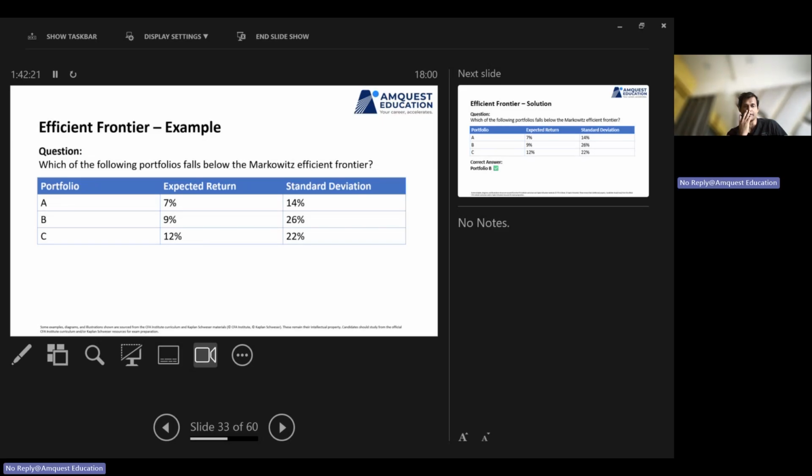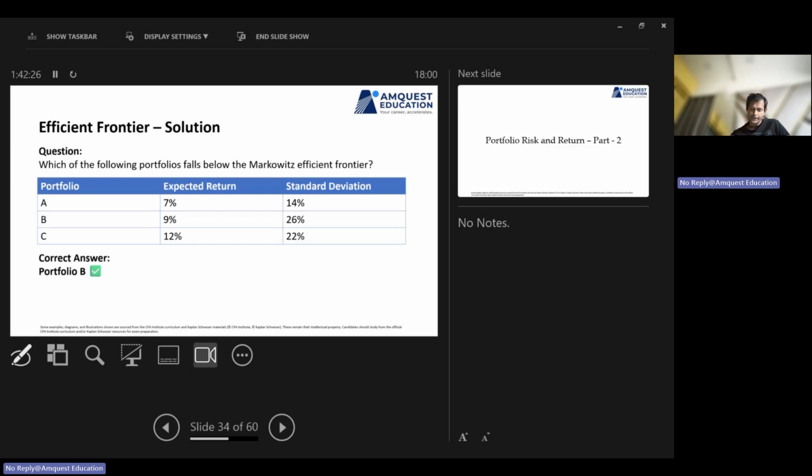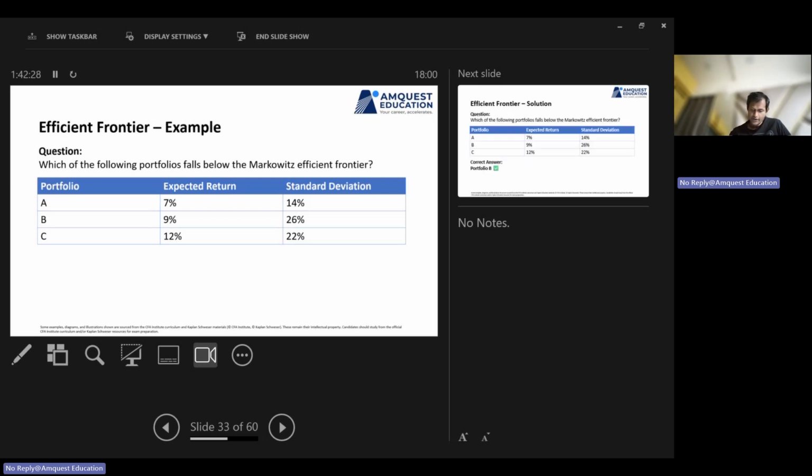Without computing, this is just a bit of common sense, right? Which one do you think lies below the efficient frontier?